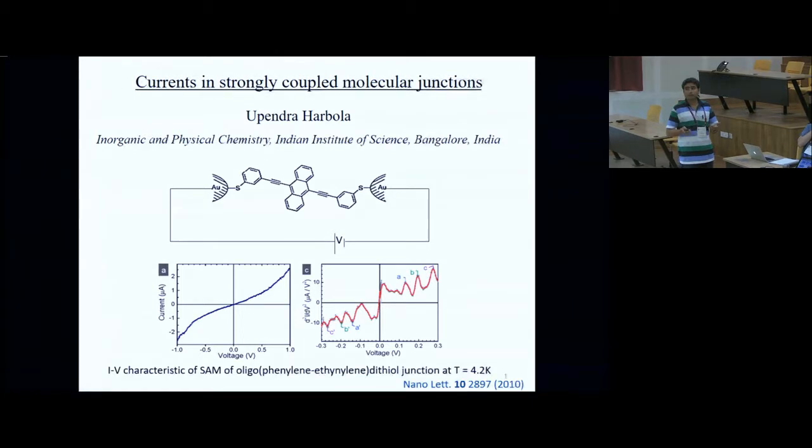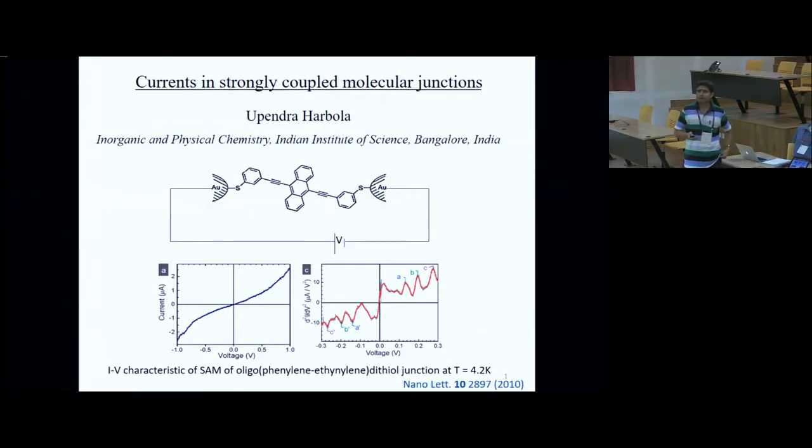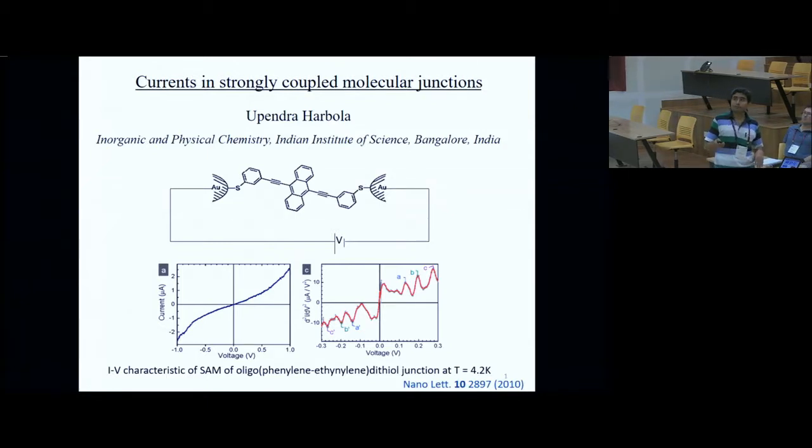This is called inelastic electron tunneling spectroscopy, IETS. It's very useful to identify the configuration of the molecule, the way it is coupled between two leads, or how the molecule is sitting on top of a metal surface, by looking at the vibrational modes of the molecule.